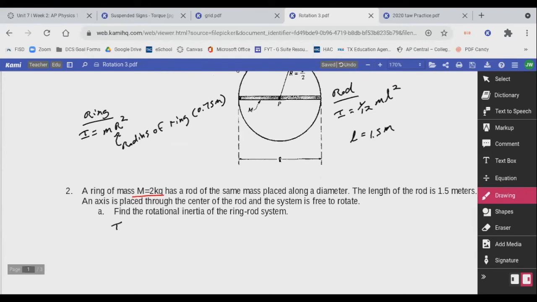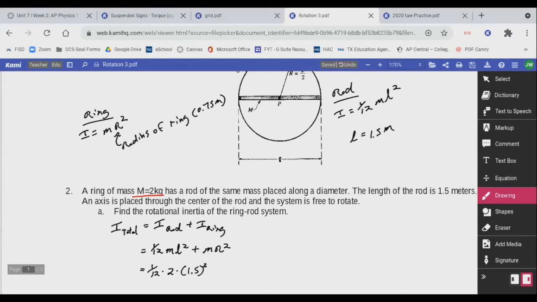The total moment of inertia would equal I of the rod plus I of the ring, which equals 1/12 ML squared plus MR squared, which equals 1/12 times, they told us M is 2, times, they told us the length is 1.5, and we have to square it.